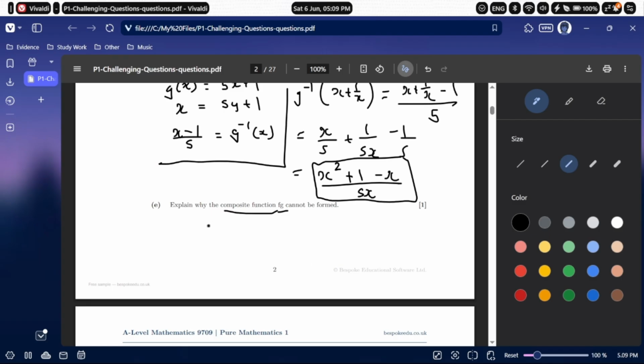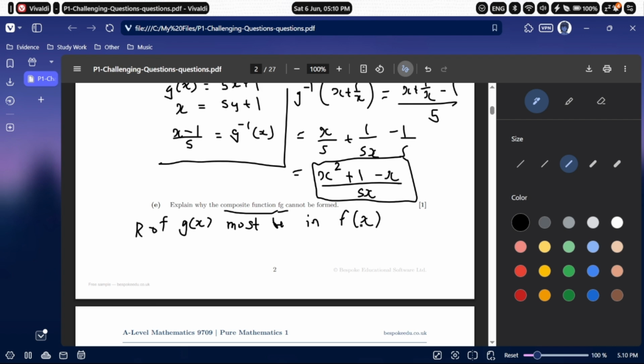So you have to check whether the range of g of x is restricted to the domain of f of x. Okay, so range of g of x must be in the domain of f of x.